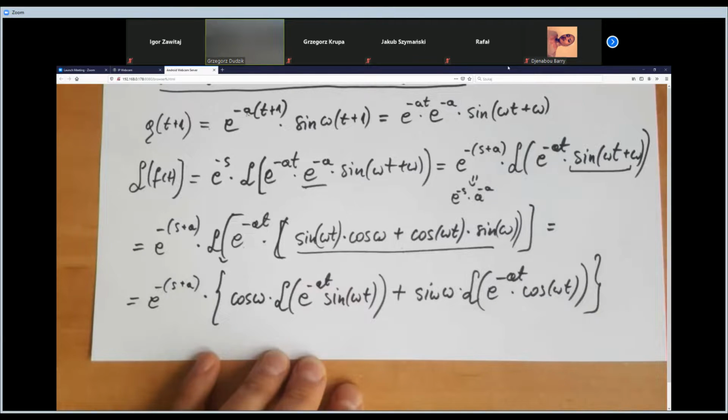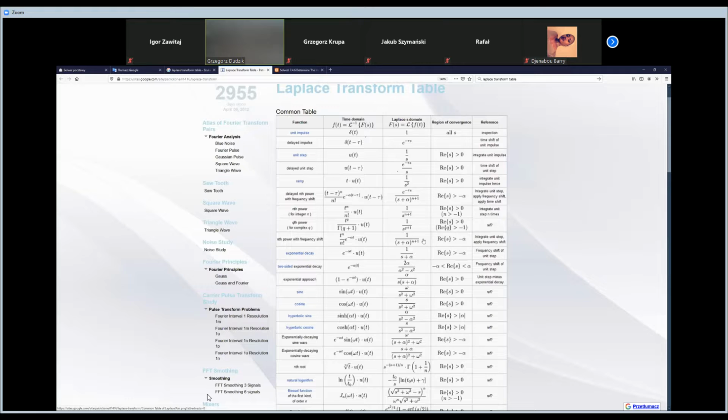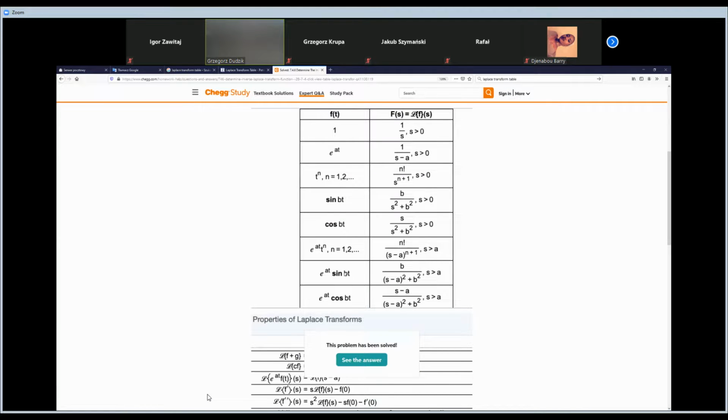However, please take a look at the table. Do you see it? We've got e to the power of at times sine bt. Do you see it? All right.